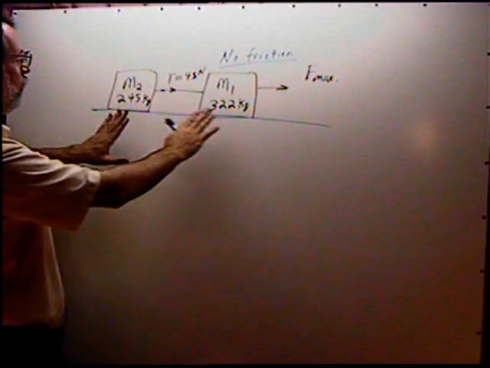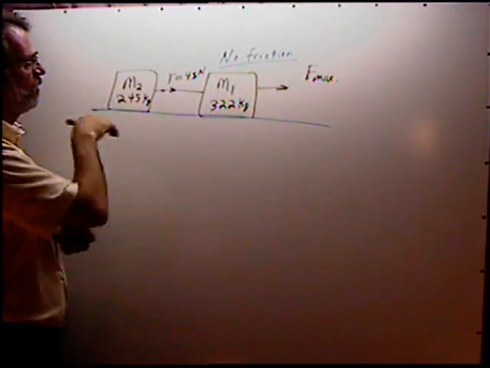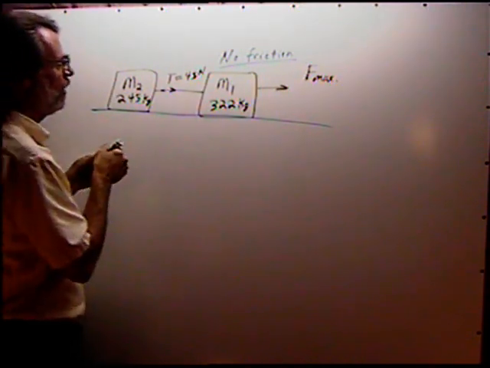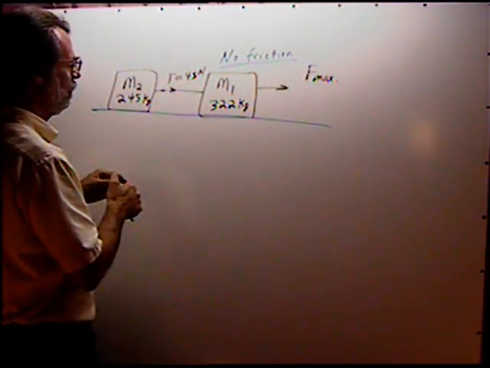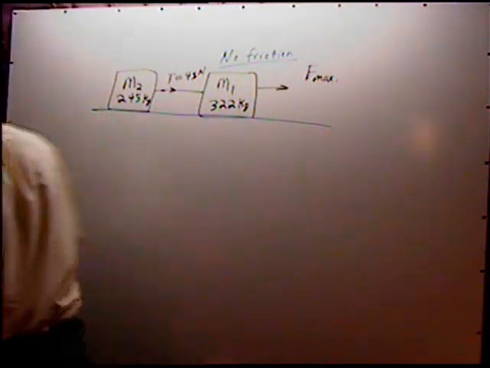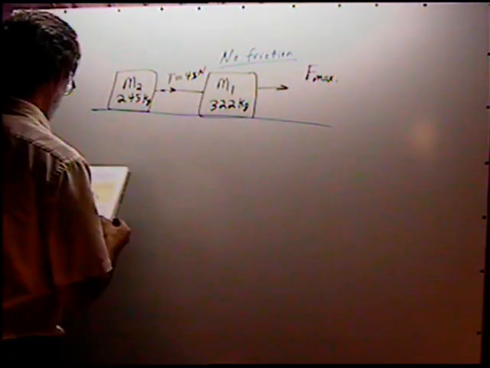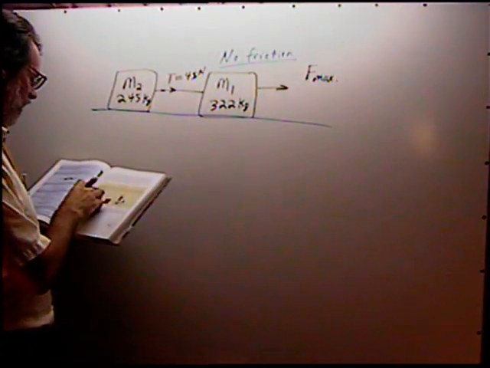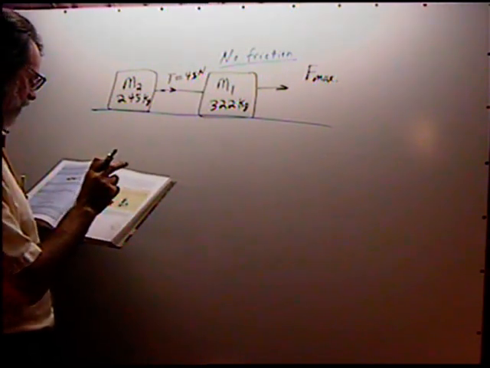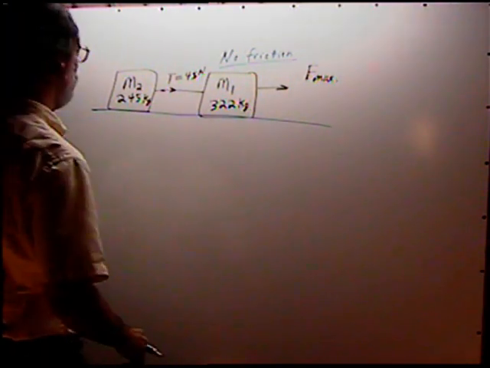When we have two masses, we can separate these two masses. But first, the important thing to realize is that when this is moving, both of these are moving at the same speed.